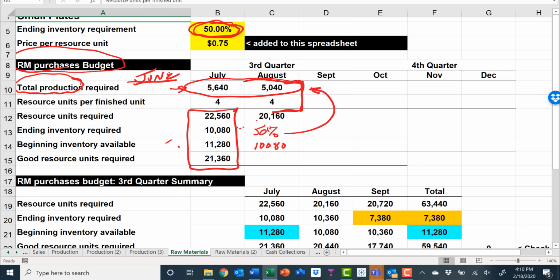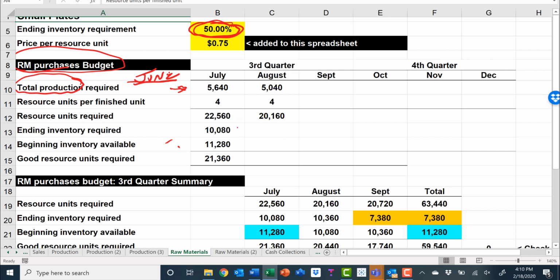So if you think about reasons why people will get this wrong, what are the 2 or 3 things that always come to mind where students might make a mistake? The biggest thing that I've seen is they don't do the conversion. The students will base their ending inventory requirements on the total production and not the resources required. So number one, they've got to do the conversion correctly.